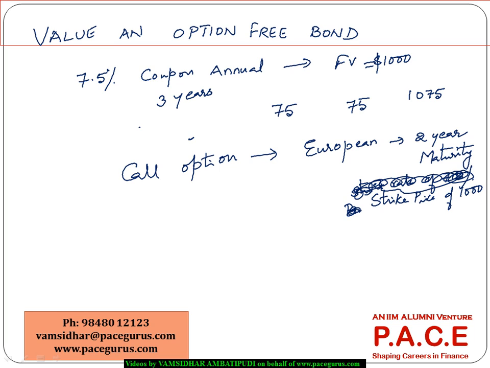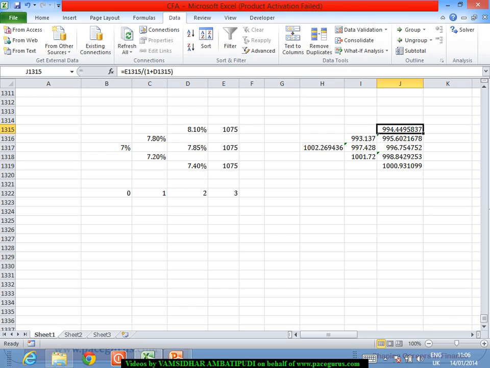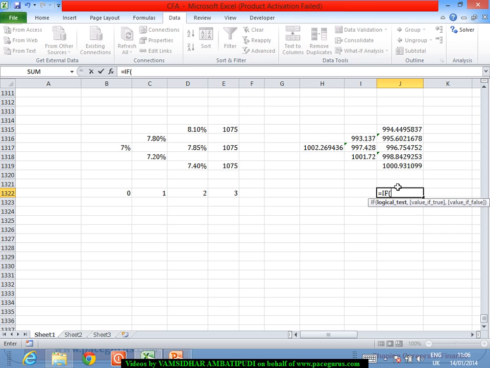When I am talking about a strike price of 1000, obviously wherever the market price is greater than the strike price, we will purchase the bond at the strike price itself. Otherwise we will go with the market price only. So I will check if this is greater than 1000, I will take 1000, otherwise I will take this value only.